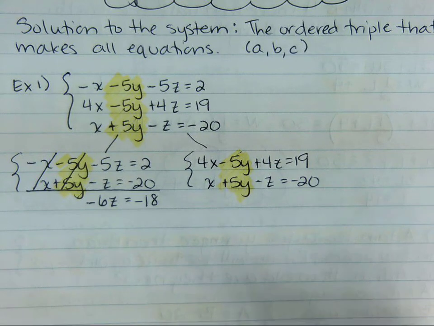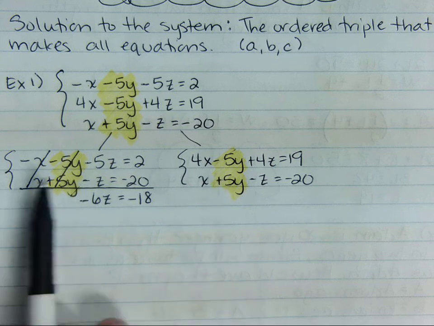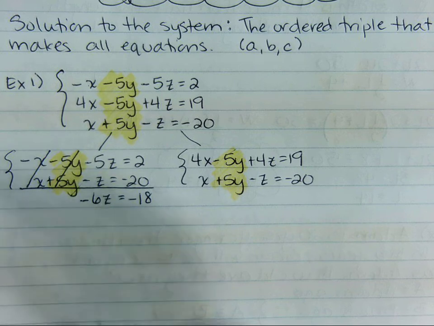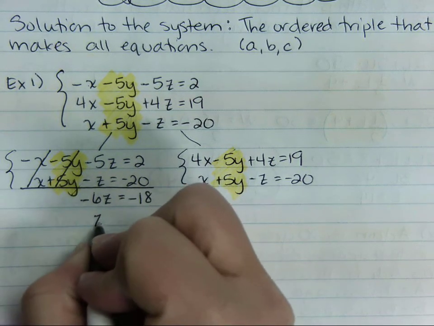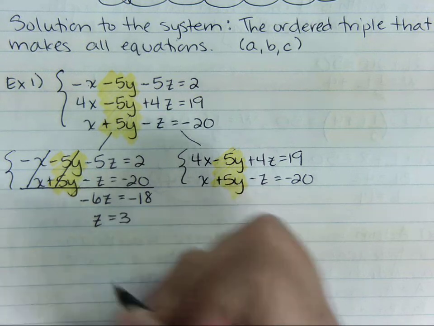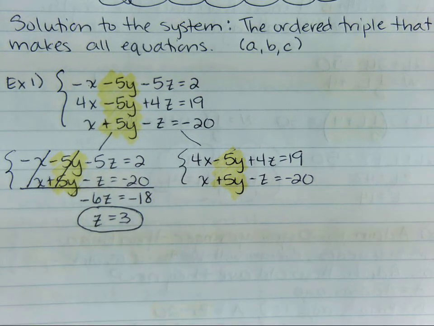It's not very often that when you set up the system and split it into pairs that the x variable also cancels out. Usually you have x's and z's, but it's okay if that cancels. And so now when I divide by negative 6, I get the value for z. That's actually one of the solutions in my system. But I'm going to hold on to that for a second.